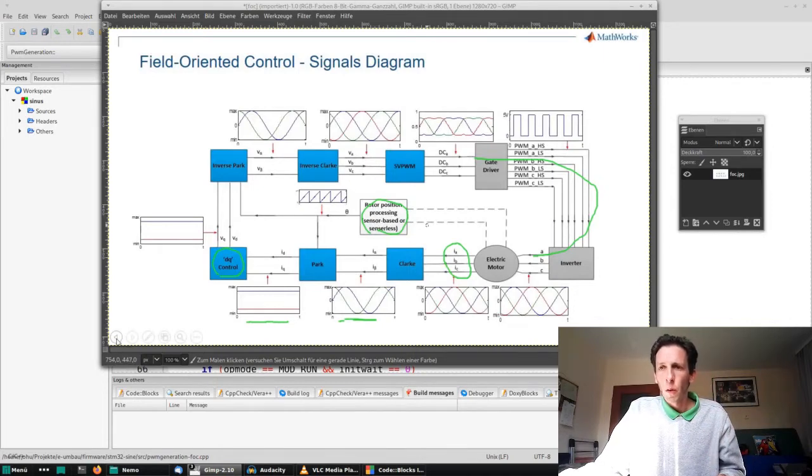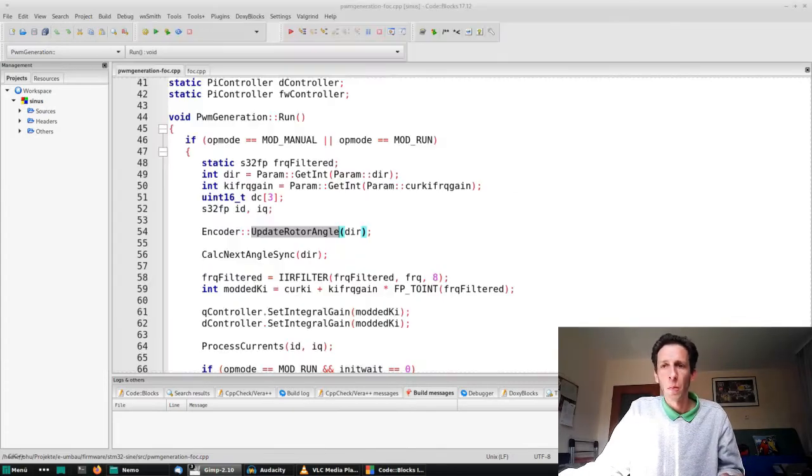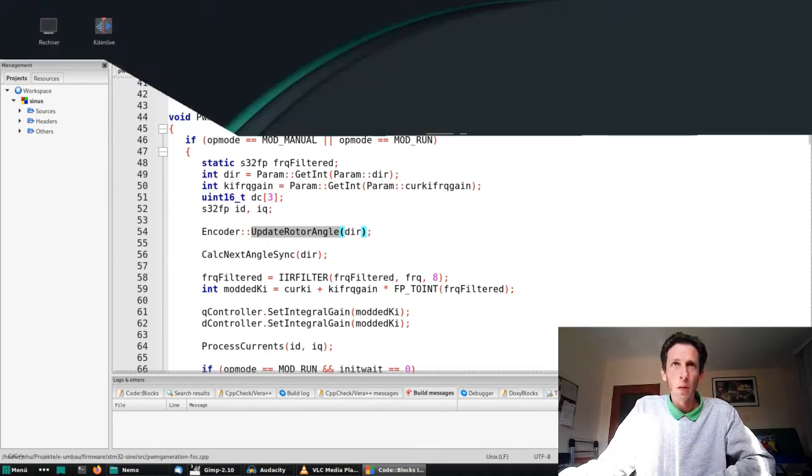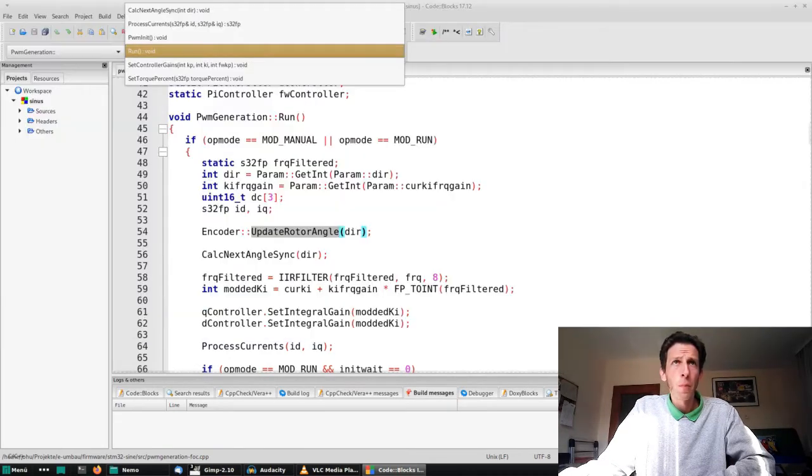If there's any offset here, we will be thinking that we are creating a D component, but actually there's a bit of Q component in there, and the whole system is not going to work. Yes, so update rotor angle has actually the first practical surprising thing in it. So let's go and take a look.